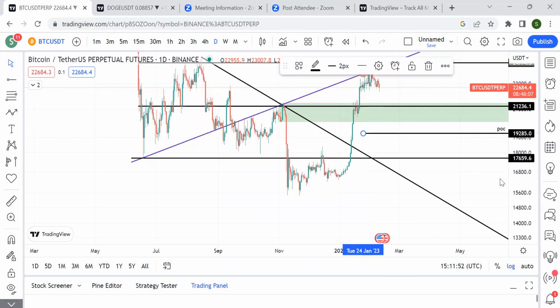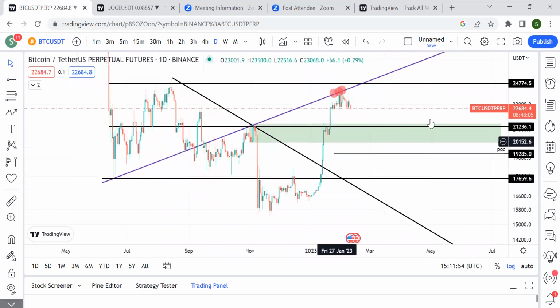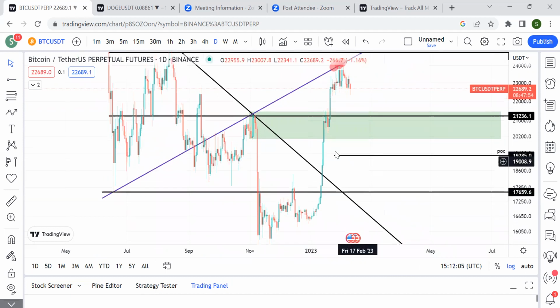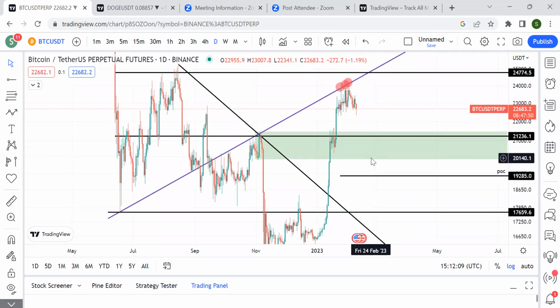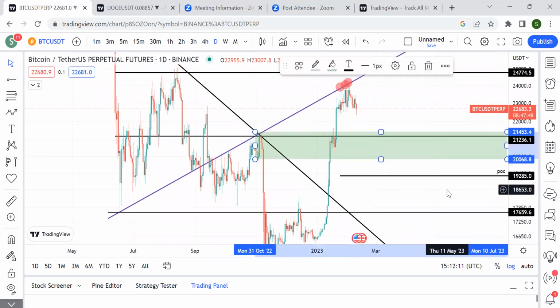Now look how things are interconnected with each other. We have two retests pending here, and straight in the middle of those retests we have our POC, and above that POC we have our breaker placed.